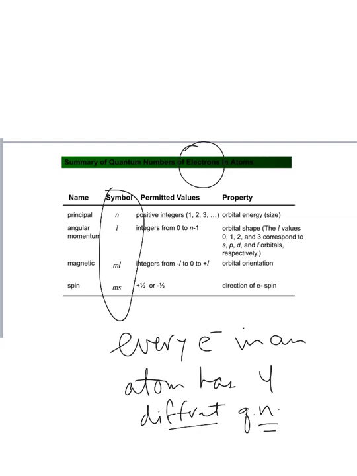Okay? And so this is almost like an address. So even though you might have 100 electrons in an atom, every single one of them has like a 4-number code that gives you information about what shell it's in, what's the shape of the orbital it's in, which way it's pointing, and then which way the spin of that electron is, either up or down.